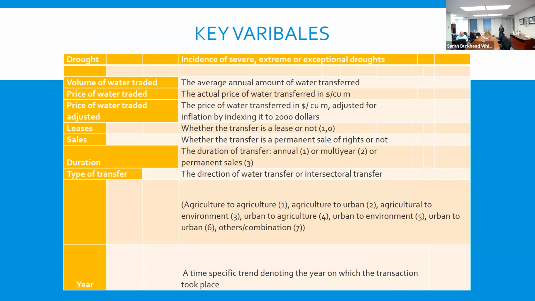And then there is the important variable called the type of transfer. I again had to put in dummy variables because I had to indicate the direction of transfer. Agriculture to agriculture is 1, agriculture to urban is 2, and so on and so forth. I just put in categories. This actually took at least 1 or 2 months for me to adjust that whole Excel sheet into what I needed from the data, and these had thousands of observations.